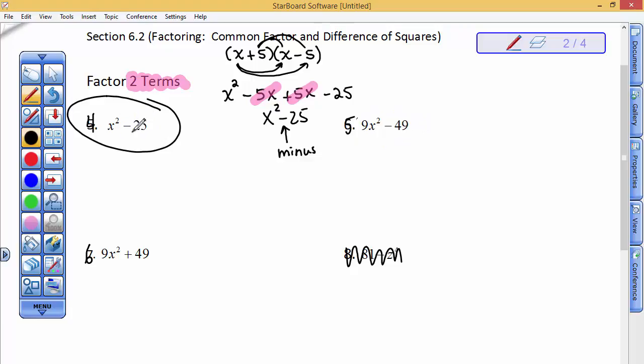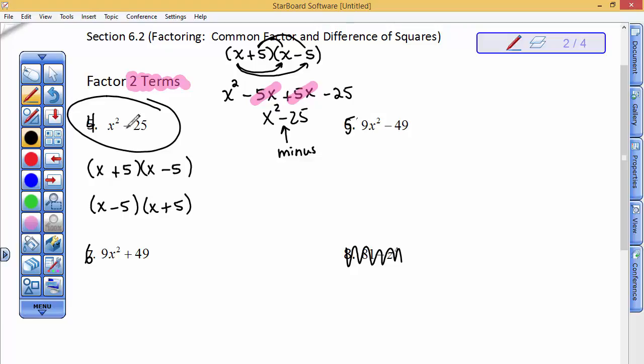And there's really not much process to it. You'll put an x in the front of each of these binomials because their product is going to be the x squared, and you'll put a plus 5 in one and a minus 5 in the other. It does not matter what order. It could be the minus 5 in the first and the plus 5 in the second. But if you FOILed that out, you'd get the x squared minus 25.